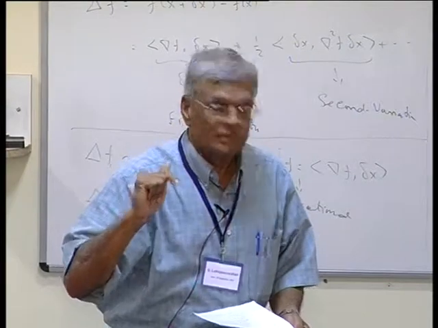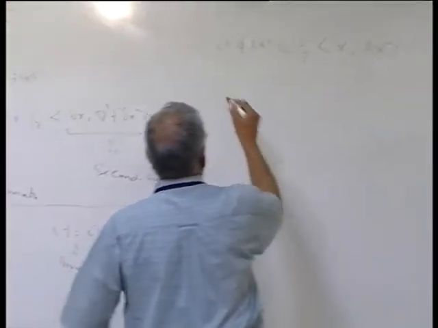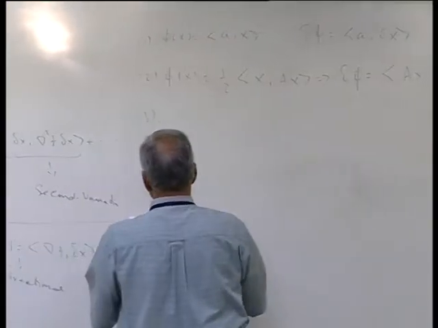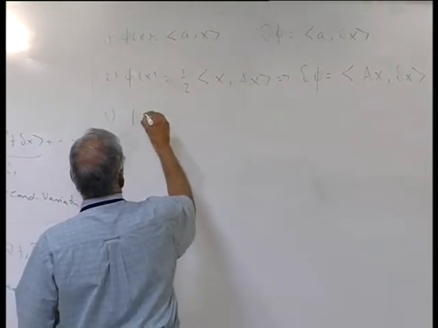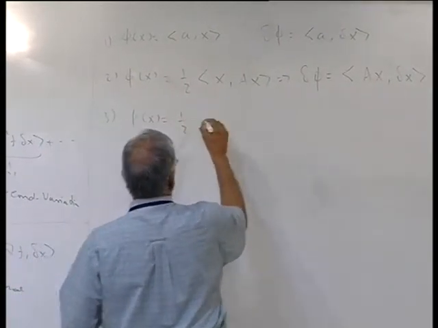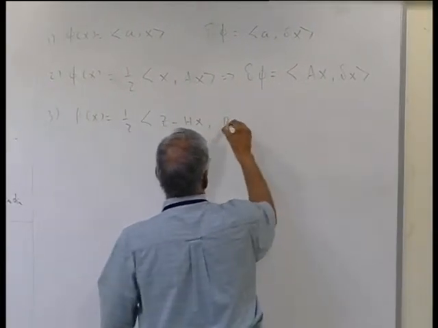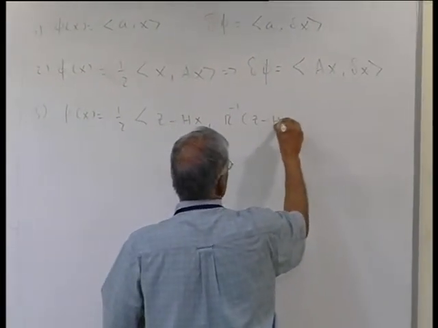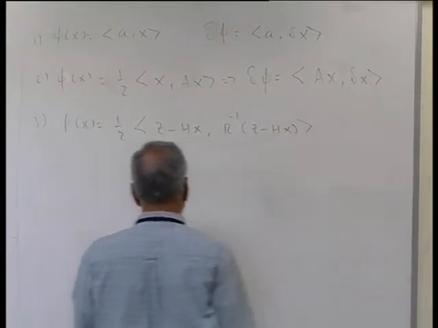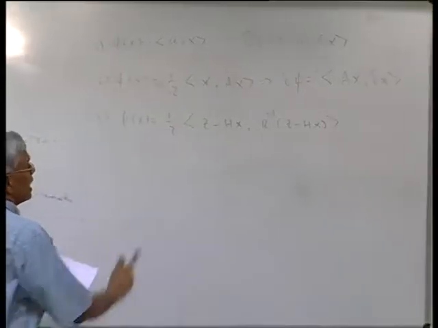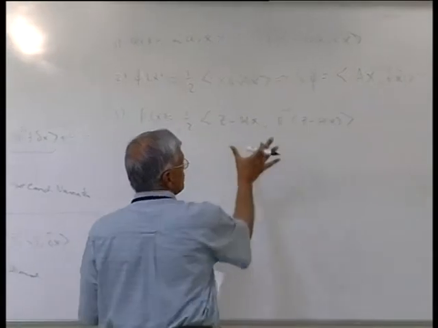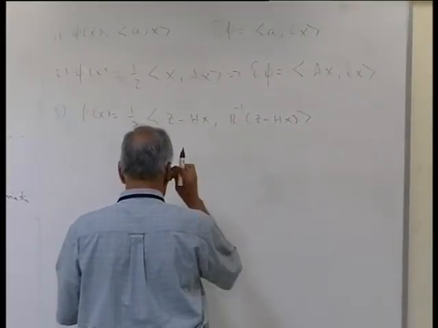So what is the next one? The next one is, let phi of x be equal to 1/2 of z minus h of x, R inverse times z minus h of x. You remember that? Terms of this kind keep coming again and again.